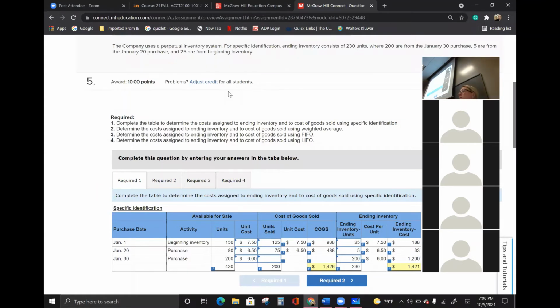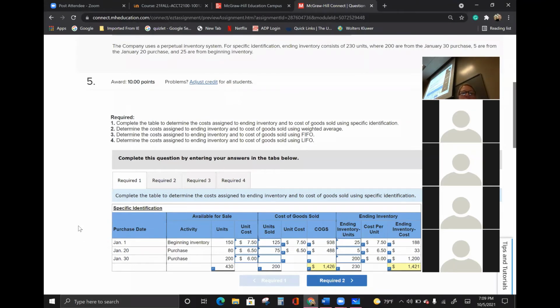It means frequently. Each time we sell something, we need to figure out what quantity was coming from what batch, using FIFO or LIFO, or what was my average at that time when I sold that many units. So you'll have to calculate it each time.